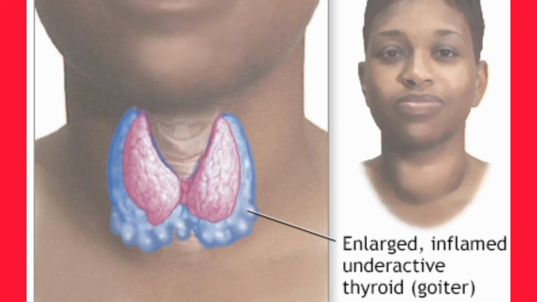Sometimes it produces nodules, sometimes it's diffuse, and that is what is called the goiter. But goiter has been taken care of in so many countries where the surroundings have no iodine. What is now done is to fortify the food that we eat, even the water we drink, with iodine.